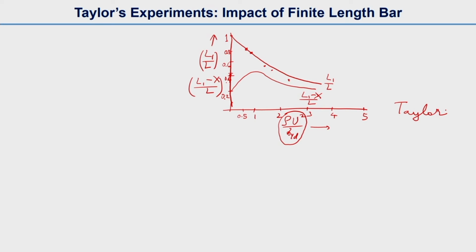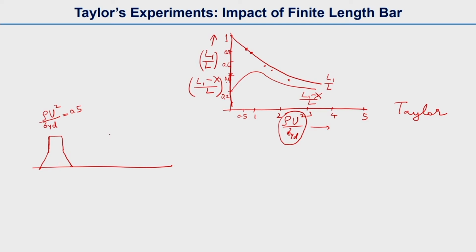So if rho u square divided by sigma yd is equal to 0.5, the shape will look like this, and the prediction is good.